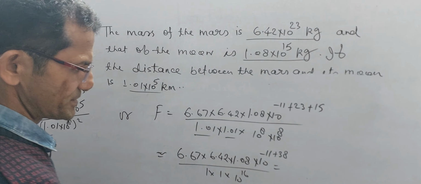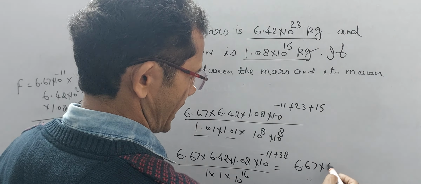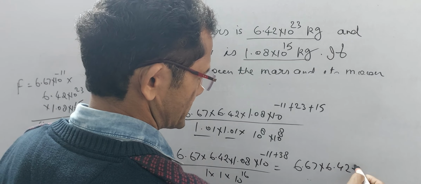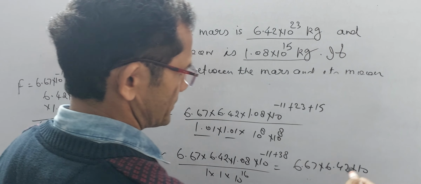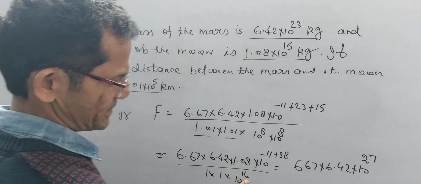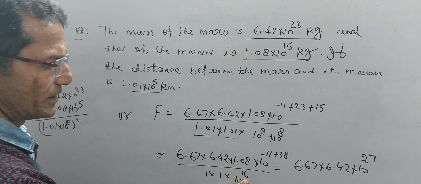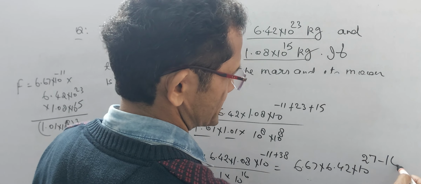Now after simplification it will be 6.67 and 6.42 times 10 raised to the power minus 11 plus 38, which is plus 27, and minus 16. 10 to the power 16 in the denominator, you bring it to the numerator, it becomes minus 16.